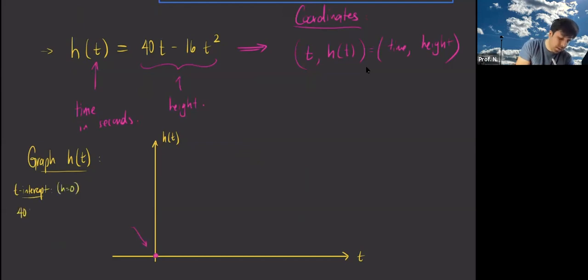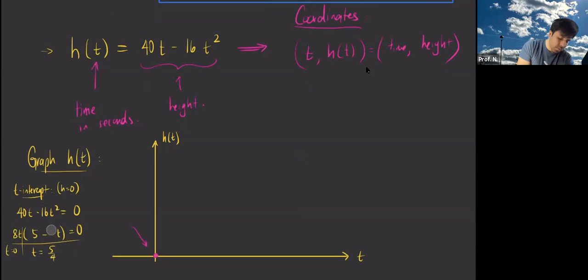So if I do 40t minus 16t squared equals 0, what I could do here is factor out the t, and I can factor out an 8. So 8t, if I factor out an 8, I get 5 minus 4t. This equals 0. So then look what I get. I get that t equals 0, and I get that t equals 5/4.